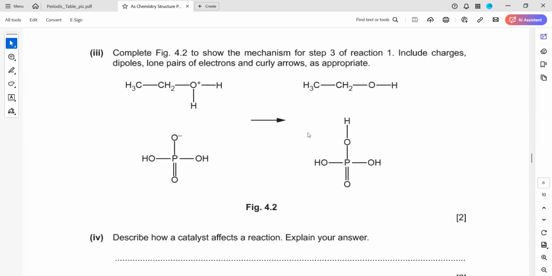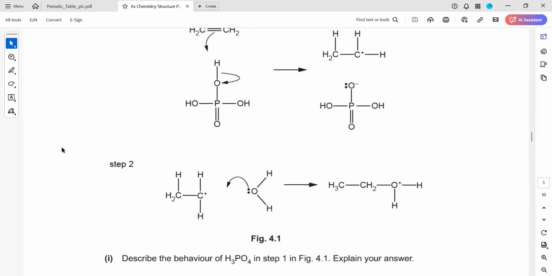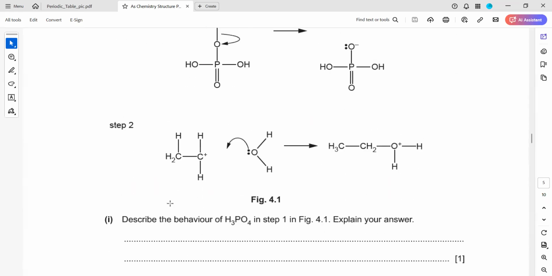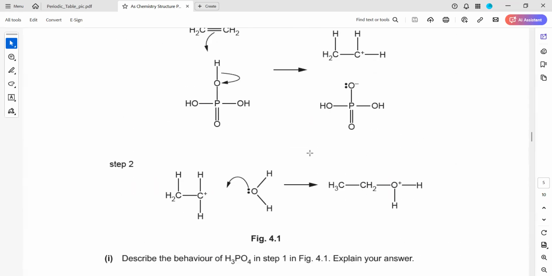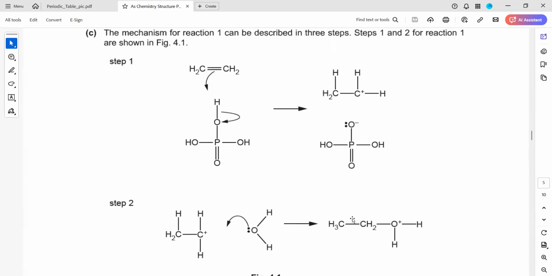C1, okay. In the first one, describe the behavior of H3PO4 in step 1. What is the behavior, or what is it acting as? The first one.